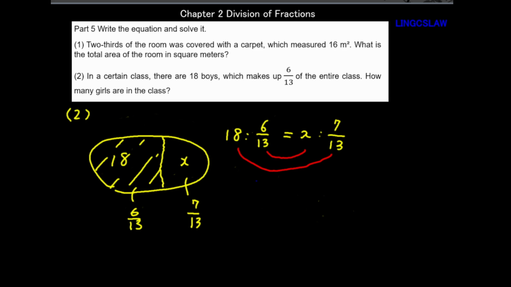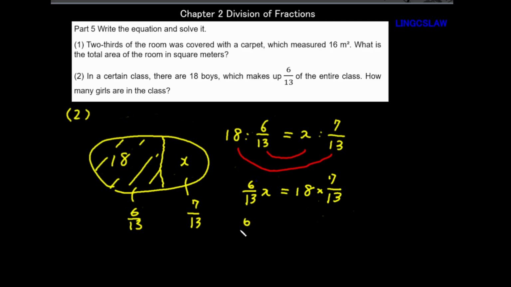So 6/13 x equals 18 times 7/13. Multiply both hand sides by 13/6.